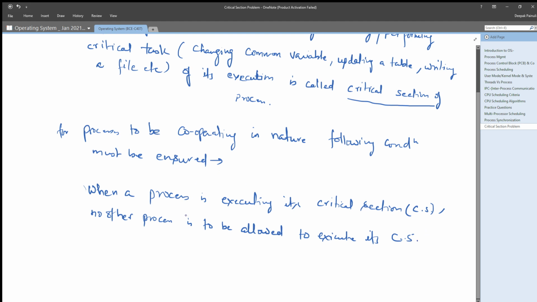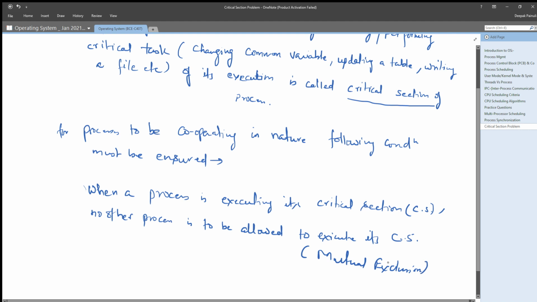So whenever a process is executing its critical section, no other process is to be allowed to execute its critical section. This condition is known as mutual exclusion.